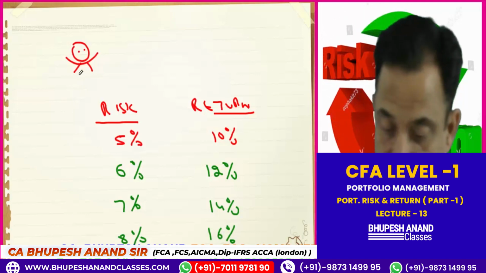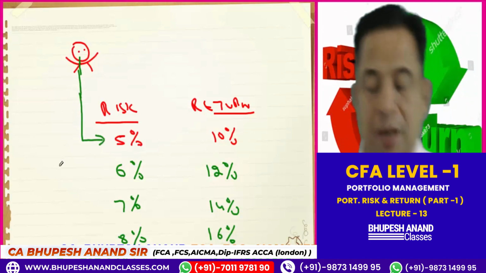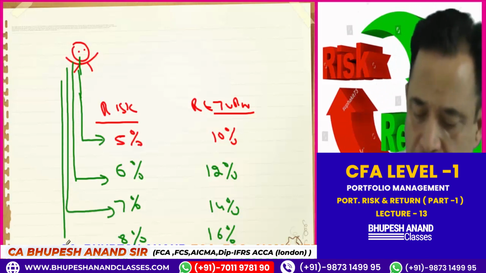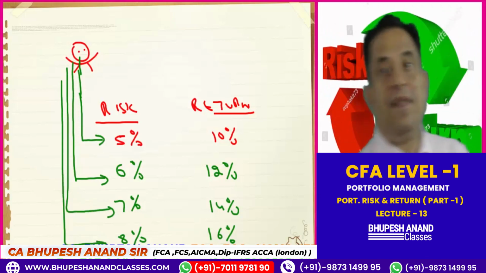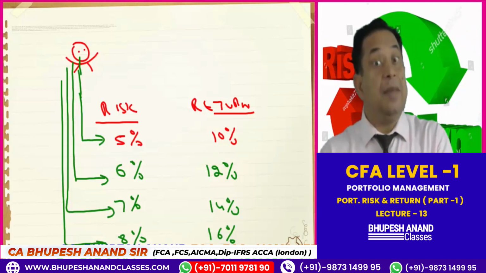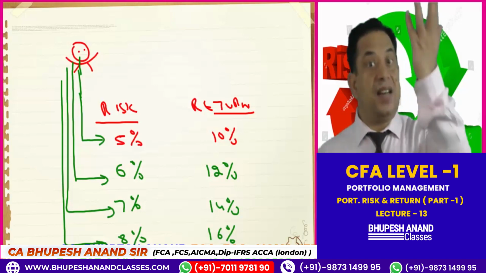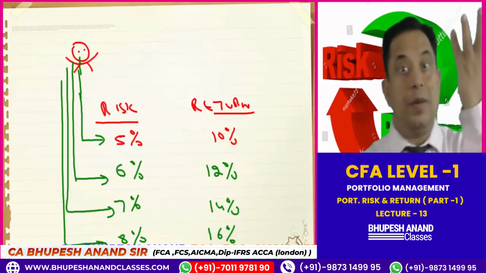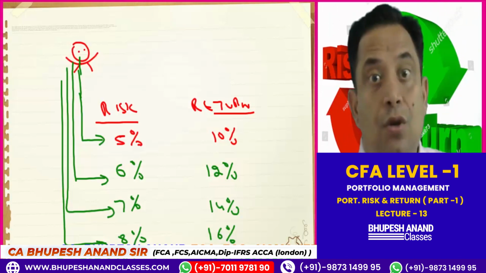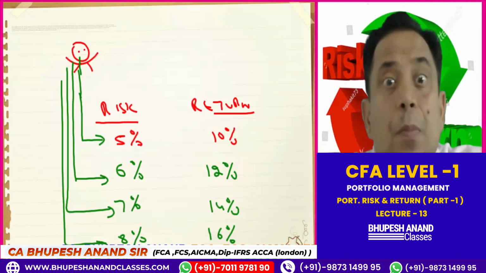So whether this investor will be at this point, or at this point, or at this point, he will remain indifferent, because it gives him the same level of satisfaction. As I increase the risk, return is also being increased in the same proportion.